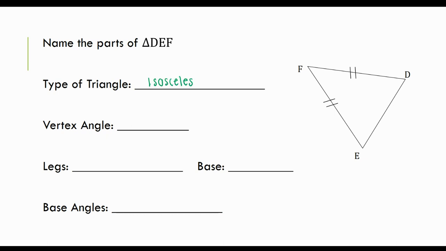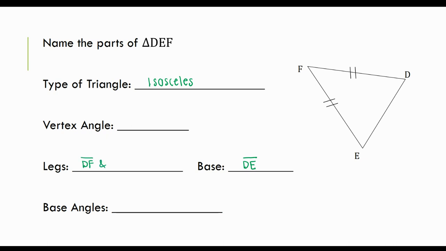And so that's why we're identifying all these other vocab words. Remember, the vertex angle is the angle that is not on the base. So maybe we should identify the base. Remember, the base is going to be the side that is not a part of the congruency. So since DE is not marked up, that means that that segment is the base. That means the other two segments that are congruent are the legs.